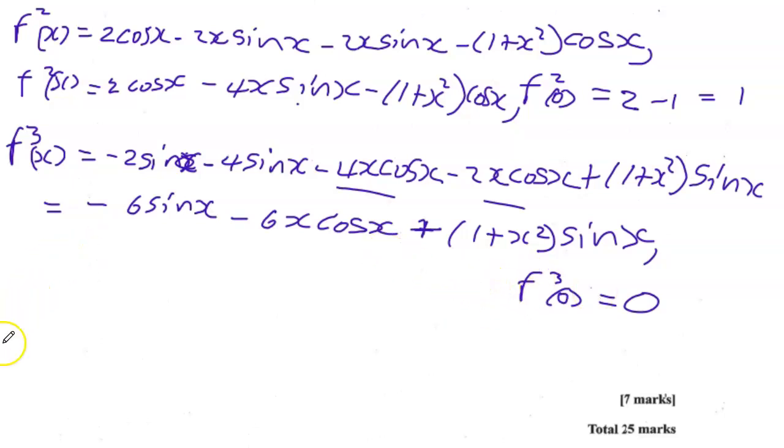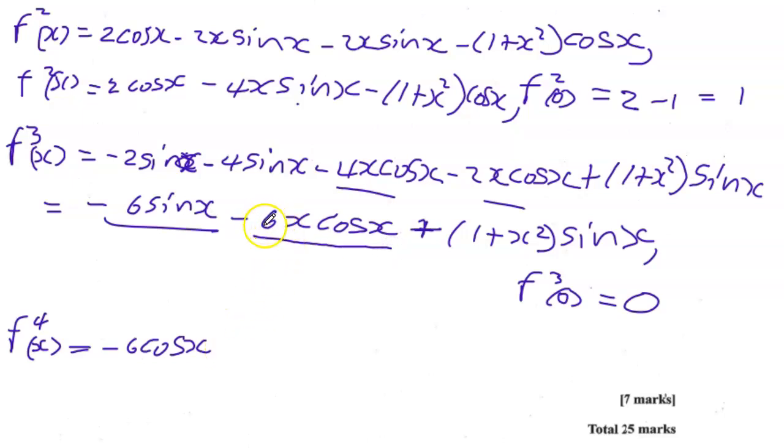Alright, let's find the fourth derivative now. We'll get it by differentiating the third derivative. So differentiate this. We'll get negative 6 cos x. Differentiate this, of course, we'll be using product rule. So differentiate negative 6x, that's negative 6. Keep the cos x. Then we're alternating now. This time we're going to differentiate the cos x.